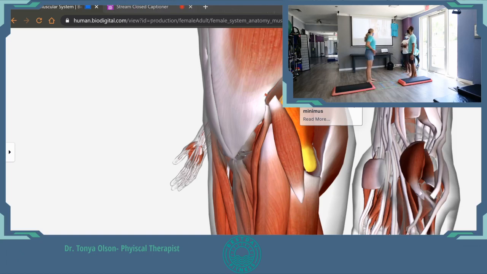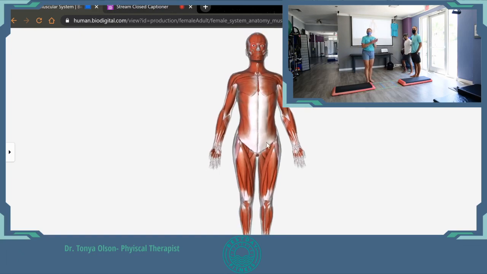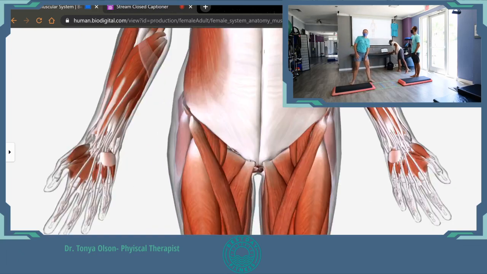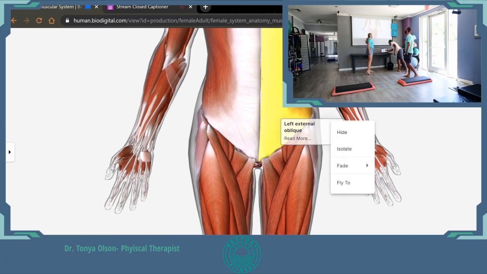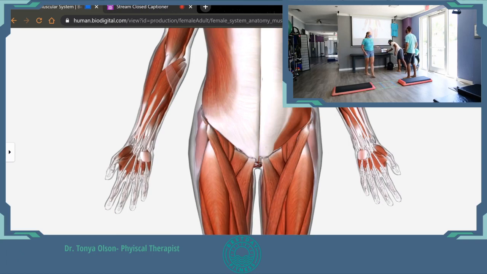Yeah. So we just started with the TFL as one of the hip flexors. What are our other hip flexors? Can you look up hip flexors, Chris? So hip flexors in general, this big one here, do you remember this guy? Yeah, that's that tailor sitting muscle.